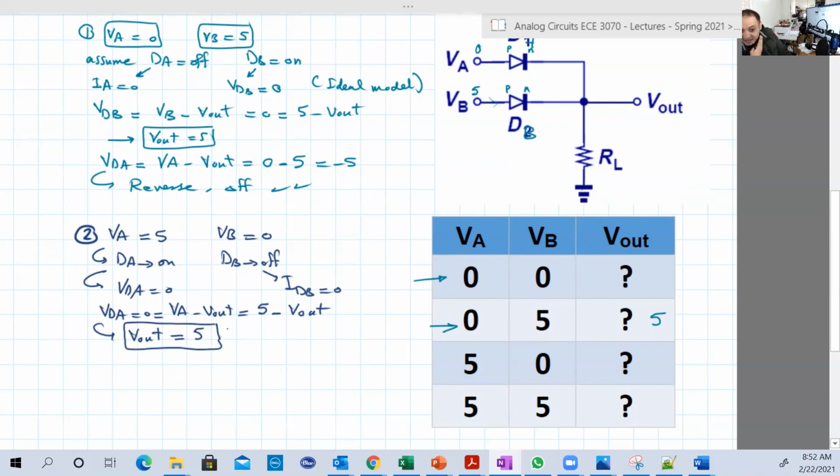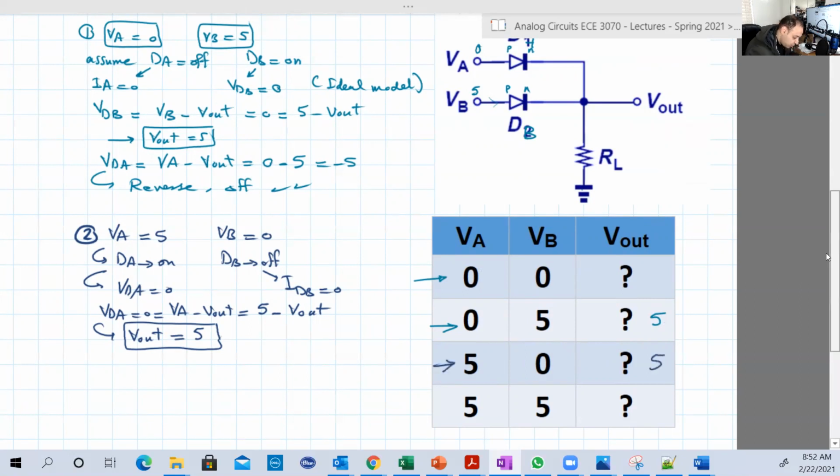Again, if we look back at our solution with the constant voltage model, V out was 4.3. So again, there is 0.7 difference, which is big. It's around 15 or 20%, right? But again, the question is, does that change the conclusion? That's the basic question that we should answer, and the answer is no. It doesn't change. That's why we can use the ideal model, and we're gonna see this. So with 0, 5, and with 5, 0, we still have 5.